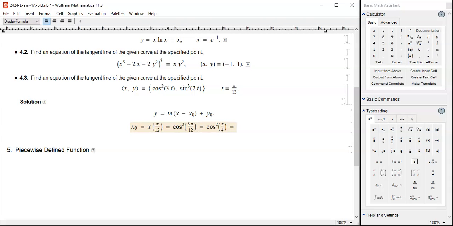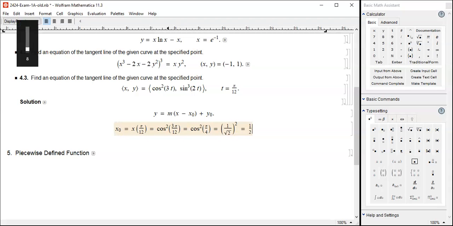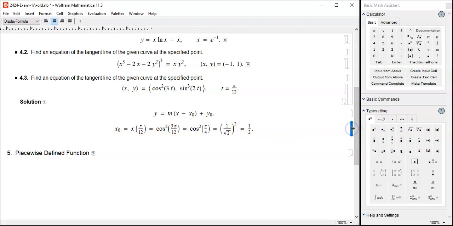Oh, this is a basic angle. What is cosine of pi over 4? It's going to be square root of 2 over 2, or equivalently 1 over square root of 2. But as a matter of fact, if you punch it into a calculator, you're going to get 1/2 or 0.5, and I'm going to take that as full credit. No problem there. Okay, I need 3 numbers identified, 1, 2, and 3. 1 down, 2 more to go.